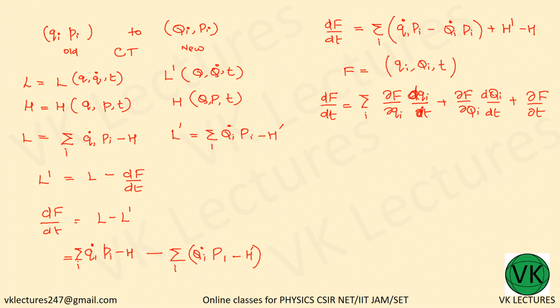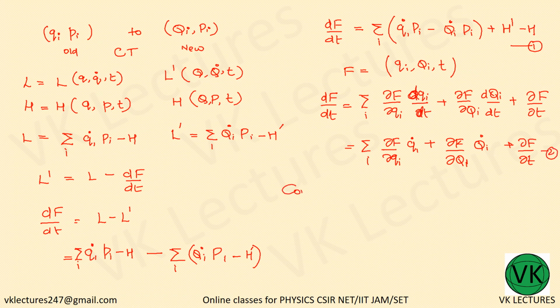Now this can be written as the sum over i of dou f by dou qi times qi dot, plus dou f by dou capital Qi times capital Qi dot, plus dou f by dou t. Here we have equation 1 and this can be written as equation 2.